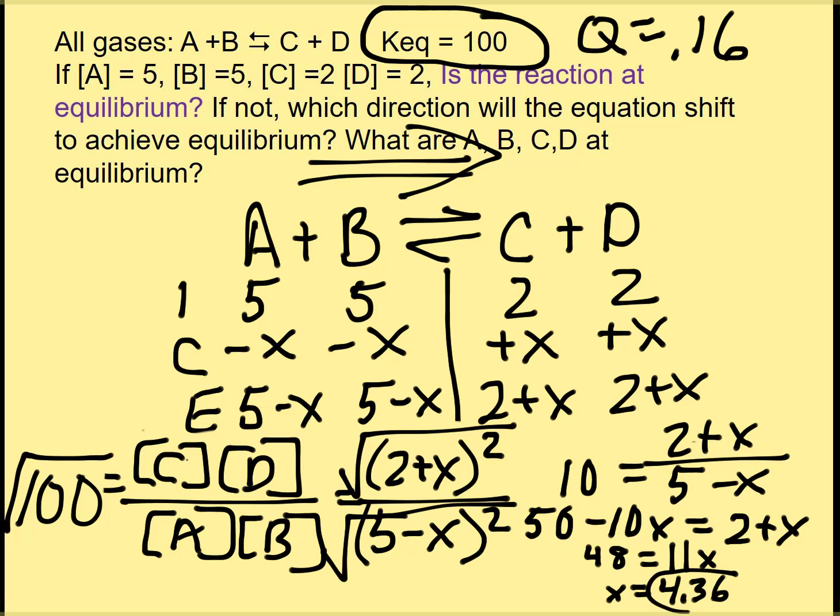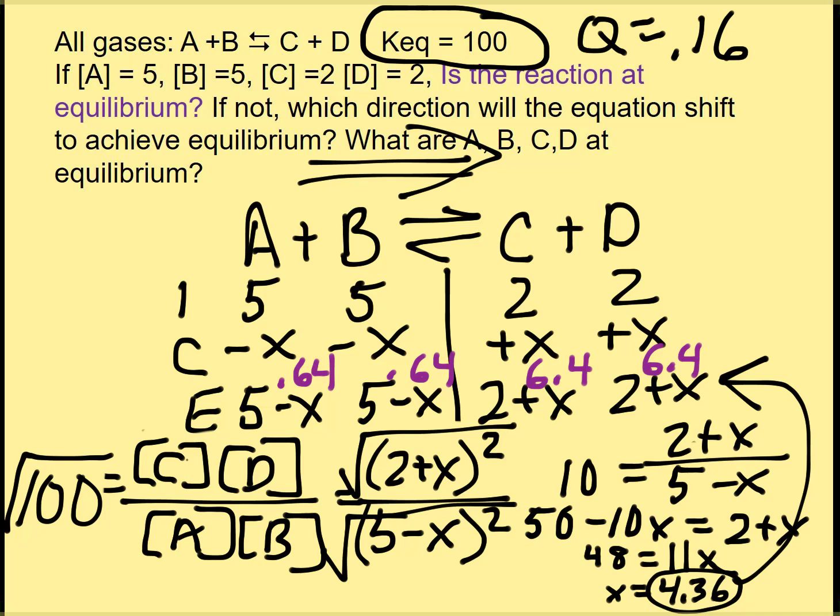So I'm going to take that and put it into this equilibrium line right here. So I end up having 0.46 here. And on my reactant side, I end up having 6.4.